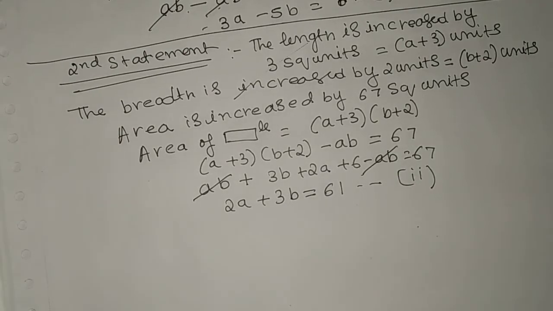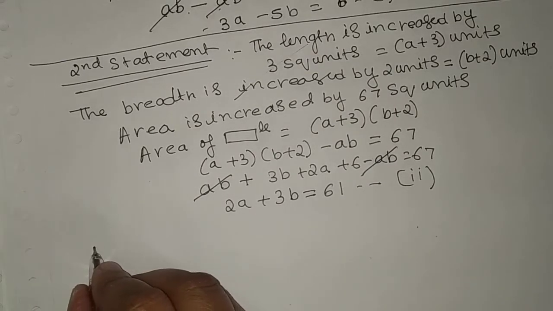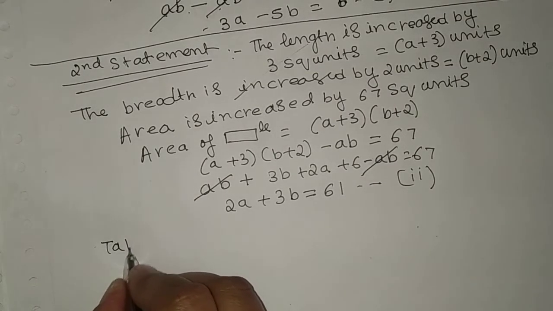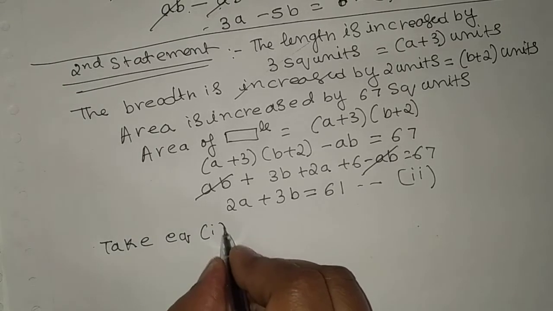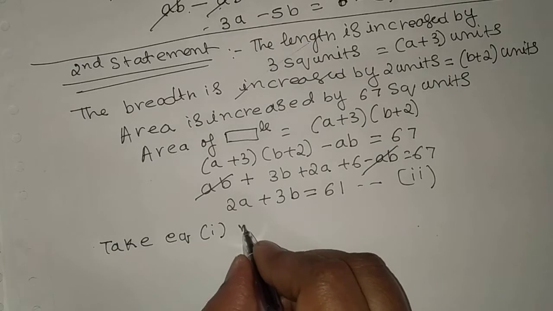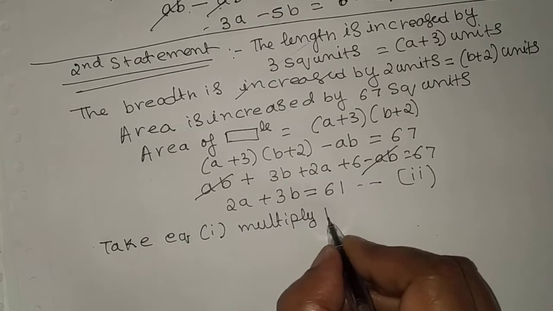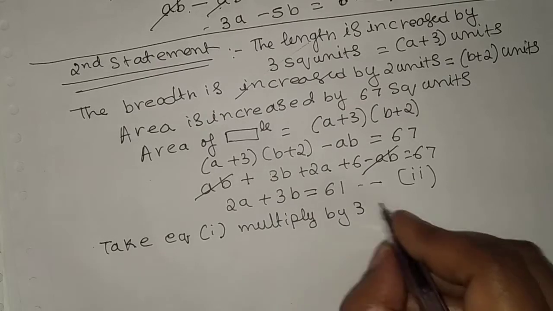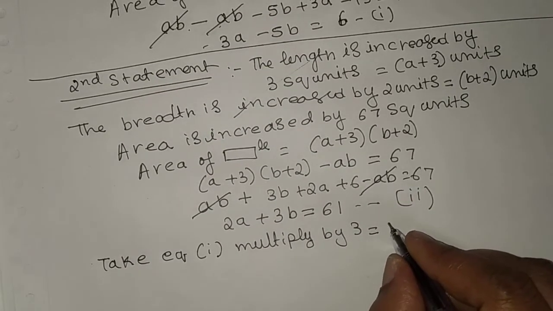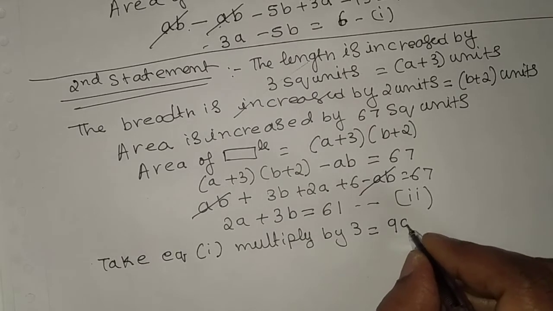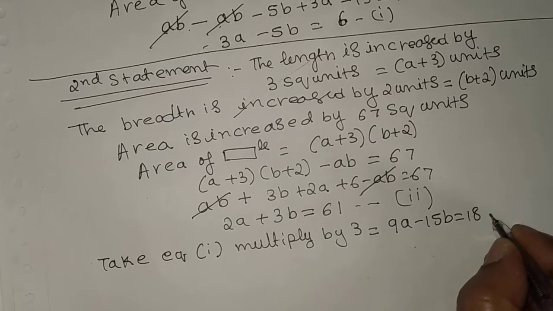So now what happens? Take equation 1, multiply by 3, and we get 9A minus 15B is equal to 18.